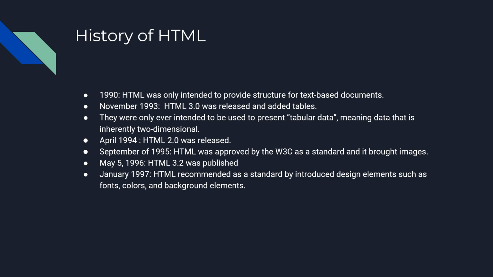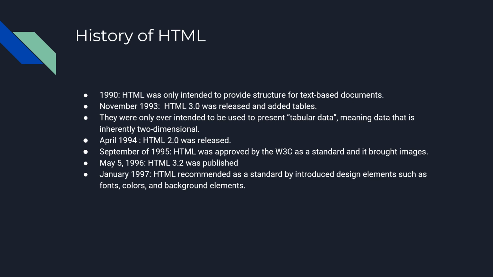And we all know in the 90s, websites weren't what they look like today, 30 years later. They were a little more chaotic, a little more scuffed, but obviously you have to start somewhere. And then in 1994, HTML2 was released, which was kind of an improvement on the actual HTML3.